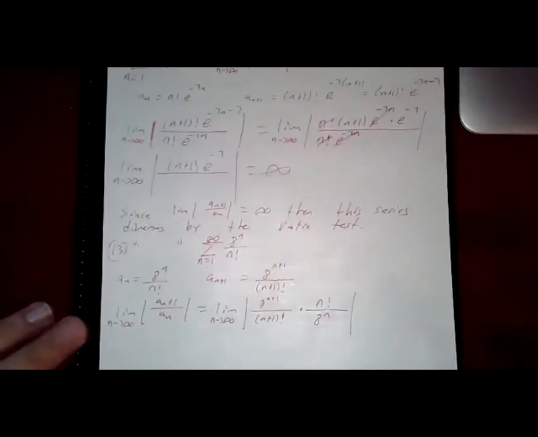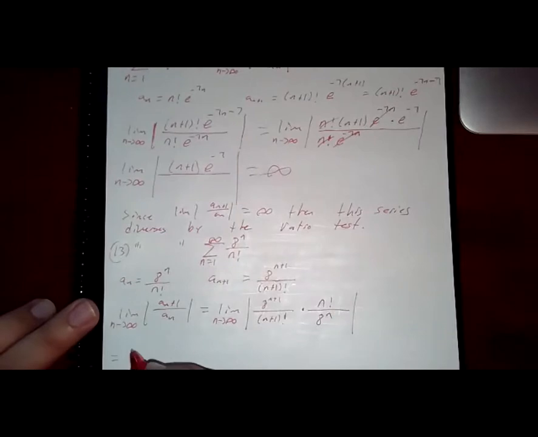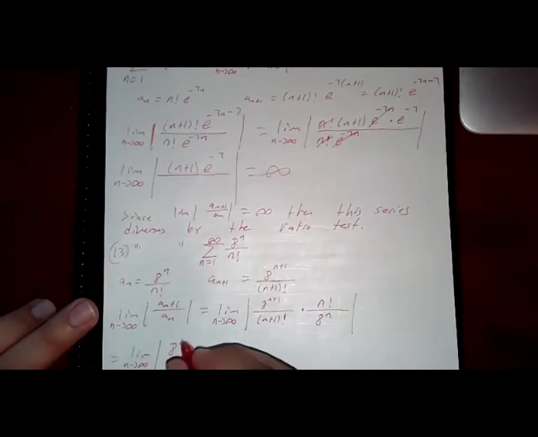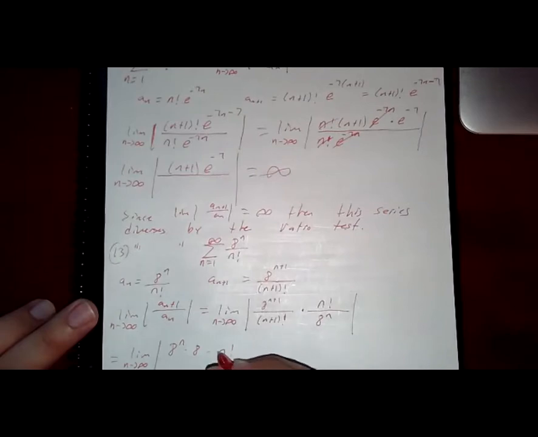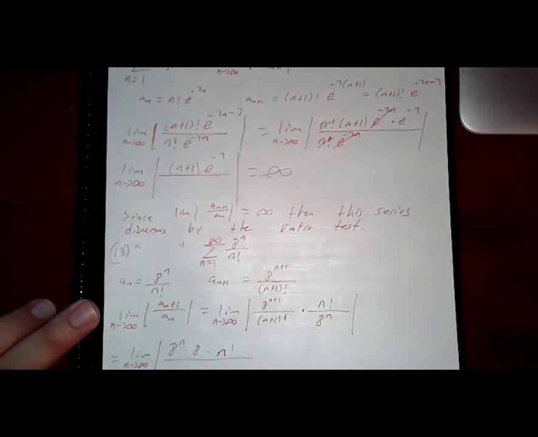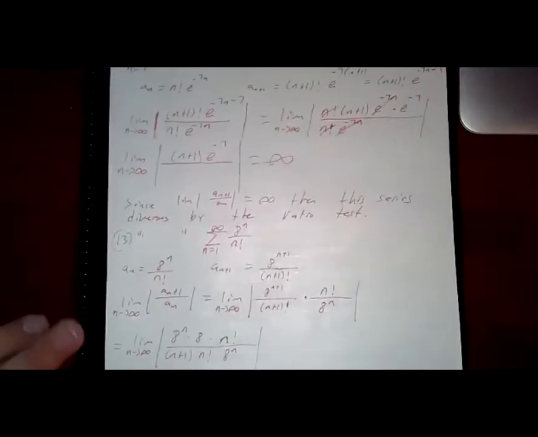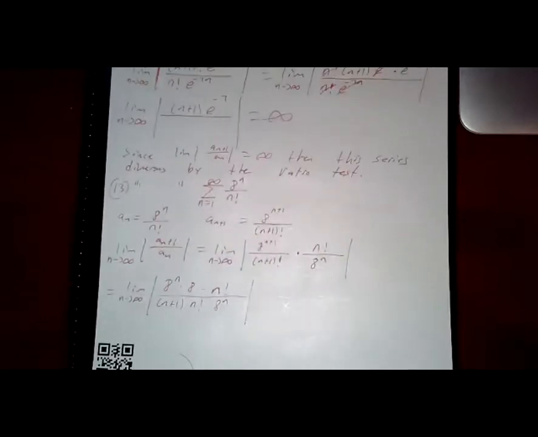Okay, and then we'll expand it like before. It'll be 8 to the n times 8, times n factorial, over n plus 1 times n factorial. Can you push it up a little bit? Thank you.